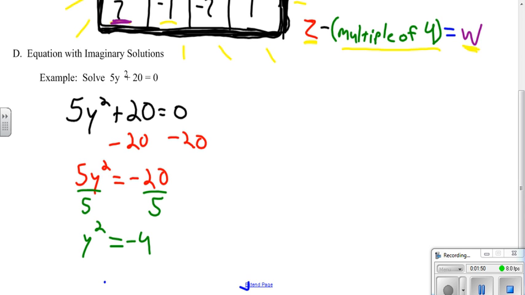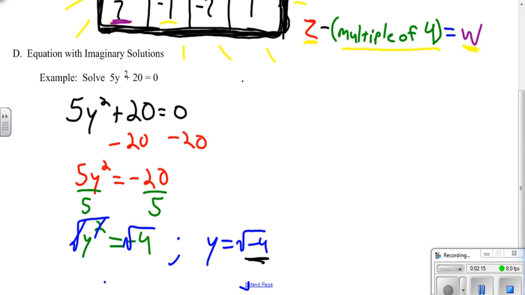Now at this point we want to take the square root of both sides to get it down. That leaves us with y equals the square root of -4. Normally before, we'd have said no real solution because of the -4. But now we know that we have to break up this square root of -4.